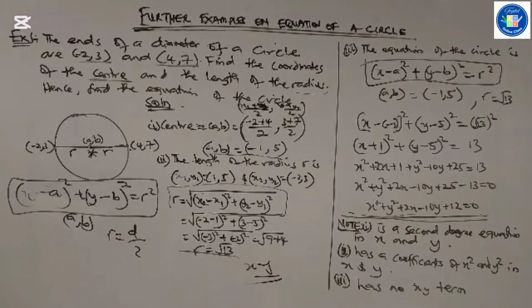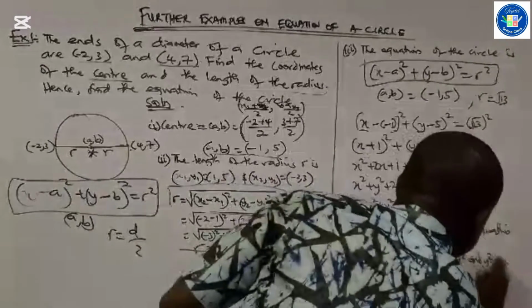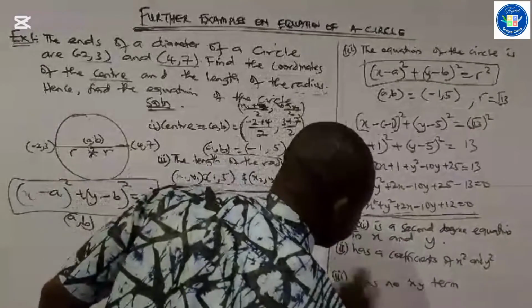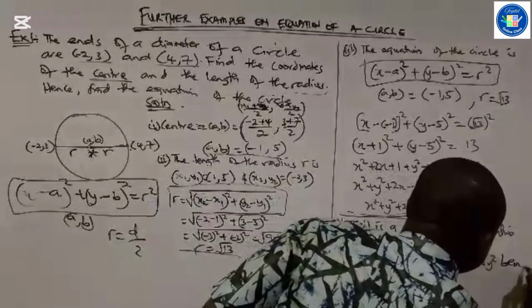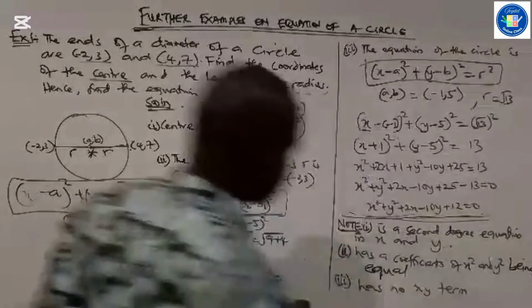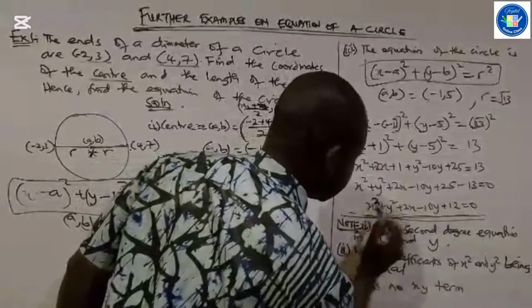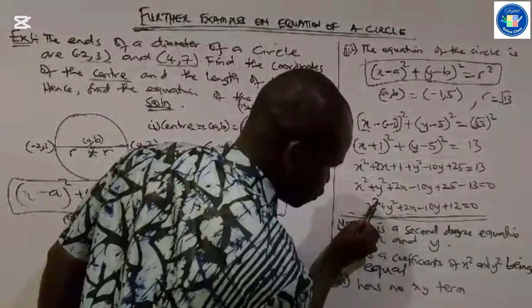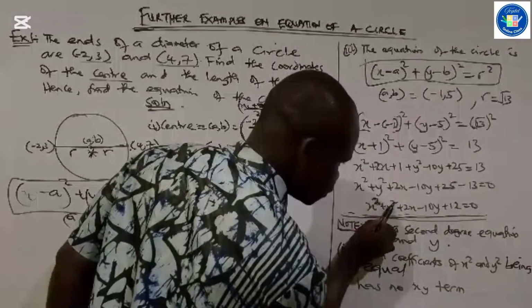So the first condition is that it's a second degree equation in x and y. The second condition is that it has a coefficient of x squared and y squared being equal. In this case, the highest degree of x is 2 and the highest degree of y is 2.